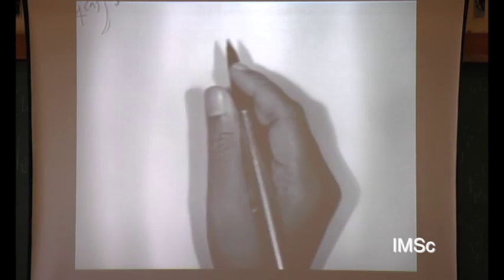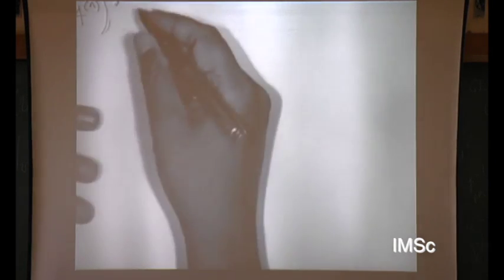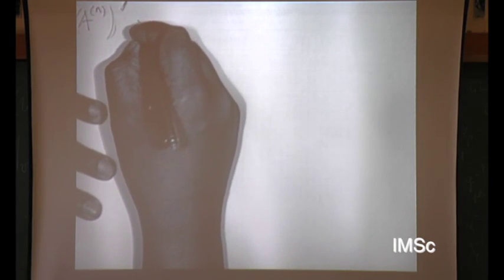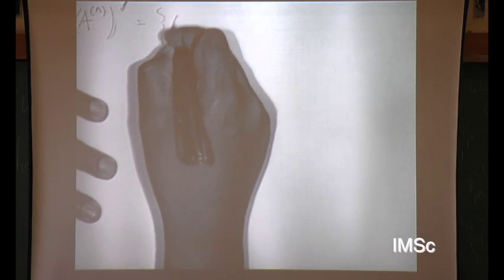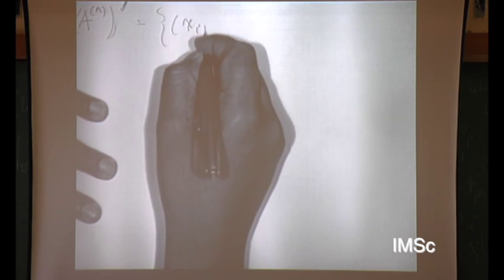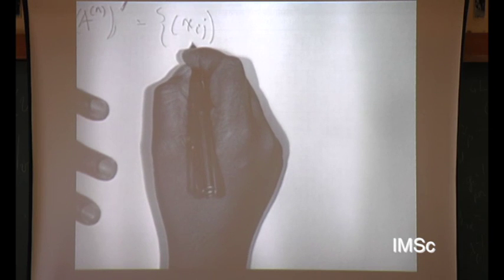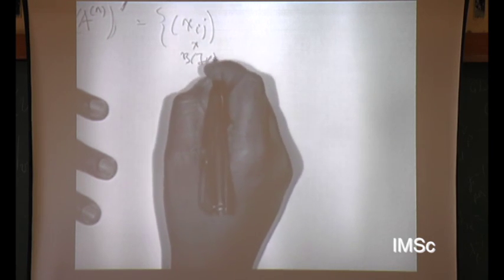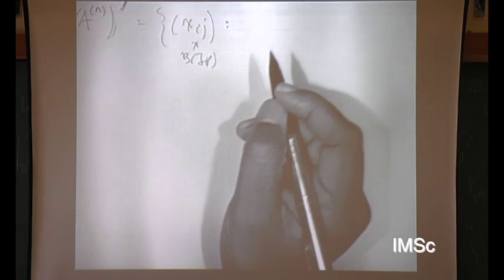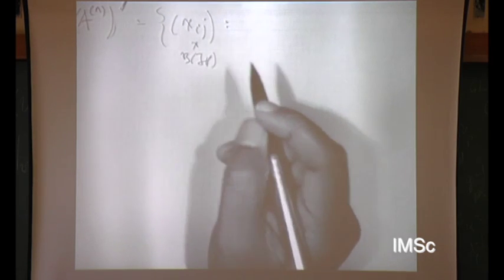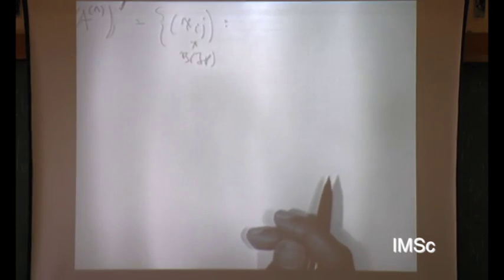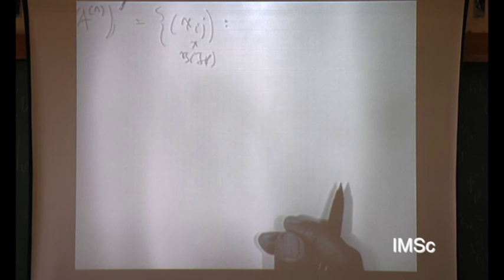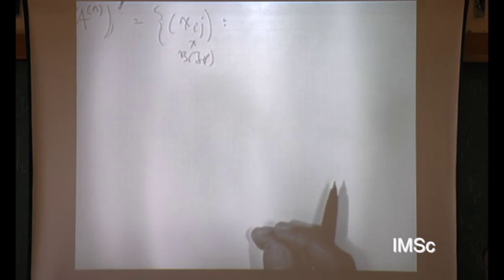That is, I look at a matrix Xij, where each of them is from B(H), such that if I multiply this on the left by A to the n, that will be the same as multiplying this on the right by A to the n.